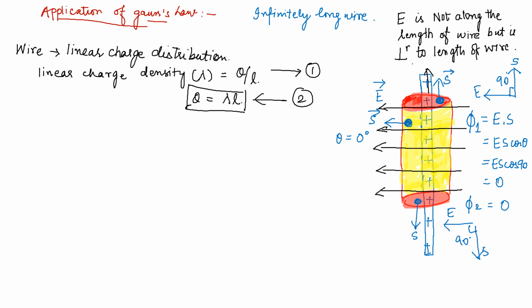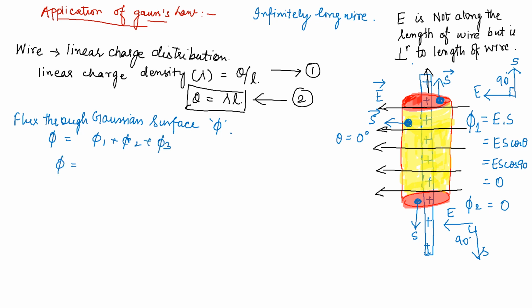Now we will find flux through Gaussian surface. Flux through Gaussian surface, that is phi, and it will be given as phi equals phi1 plus phi2 plus phi3, and here phi equals 0 plus 0 plus ES cos 0, that is ES.